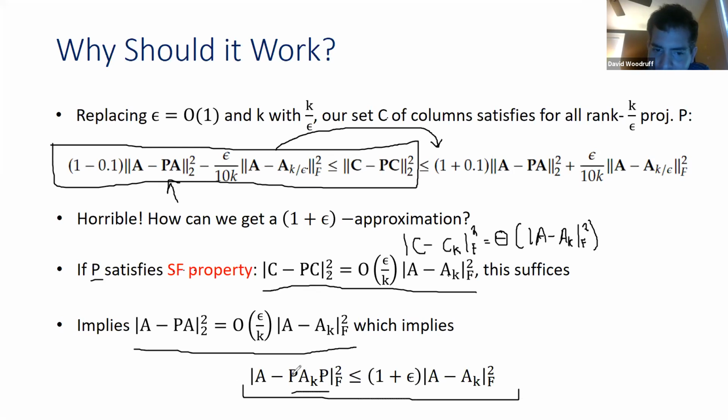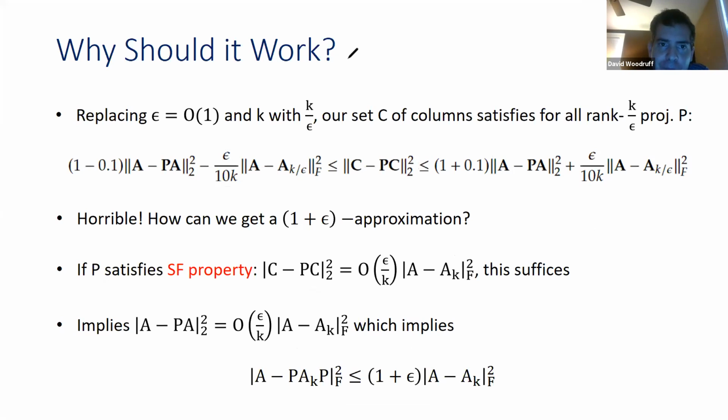It lives inside of the row and column span of P. And so once I have this P and I have this property, you can prove this just by expanding things using trace and using this SF property. Then you can left and right leverage score sample from P, which reduces this to a super tiny problem and solve for this unknown intermediate matrix. And this guarantees you're going to get a 1 plus epsilon approximation.